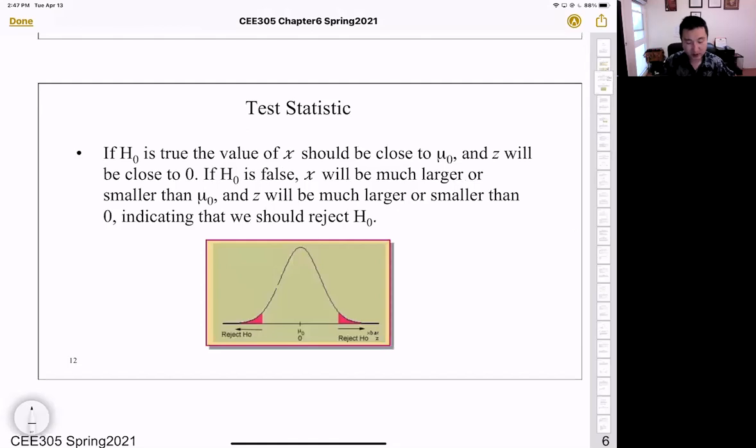If H0 is true, then the value of x-bar should be close to the mean value, mu 0, and the z-score should be pretty small, or close to 0.